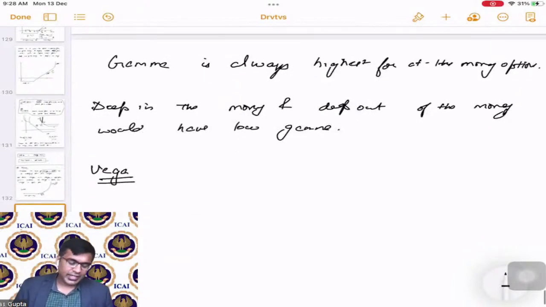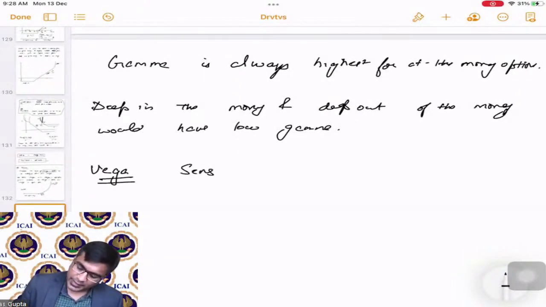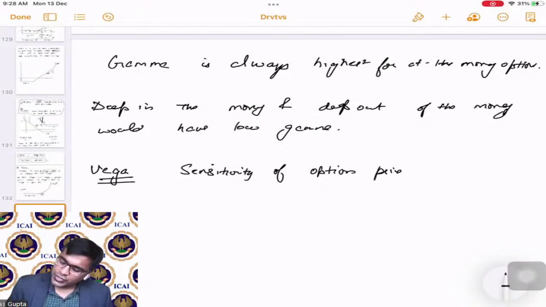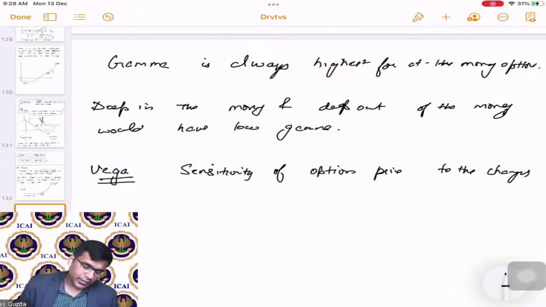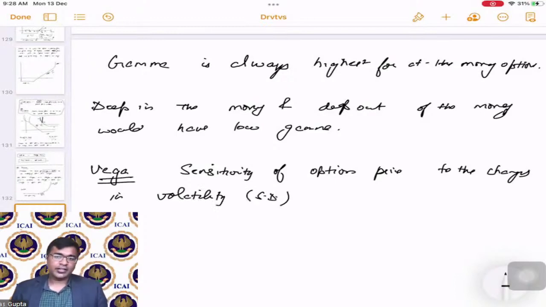Then third one is Vega. Vega is actually sensitivity of option price to the changes in volatility, which is the standard deviation, correct? Which is the V that we are using.